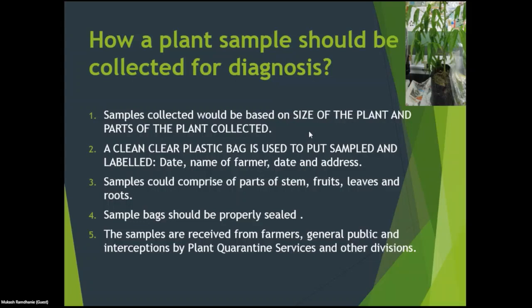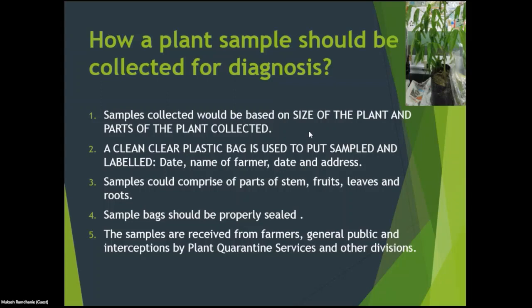That sample would then be collected and brought to the laboratory. But it has to be taken in a particular manner for it to reach the laboratory in such a state that the particular pest or disease would be able to be identified.